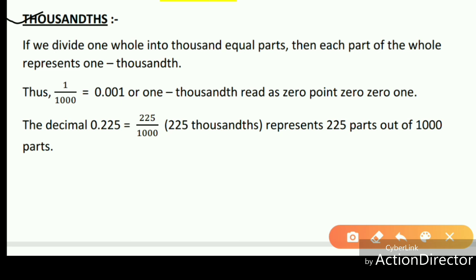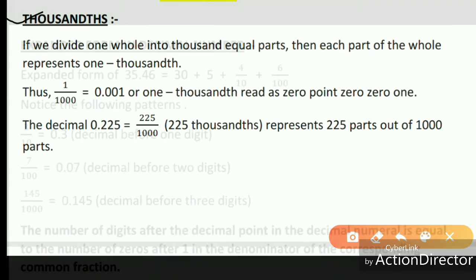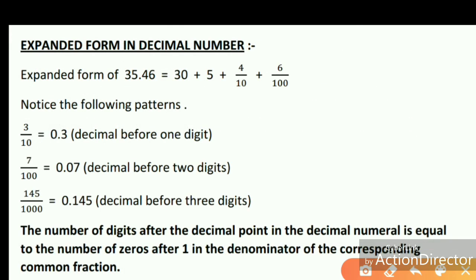The decimal 0.225 is equal to 225 upon 1000, or 225 thousandths, and represents 225 parts out of 1000 parts. Now expanded form of a decimal number. Expanded form of 35.46 is equal to 30 plus 5 plus 4 upon 10 plus 6 upon 100.